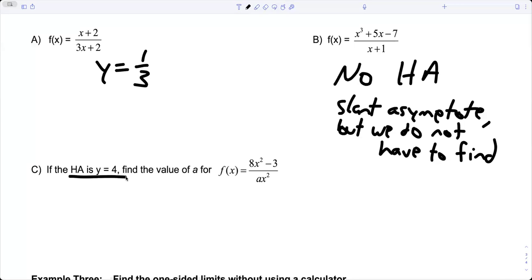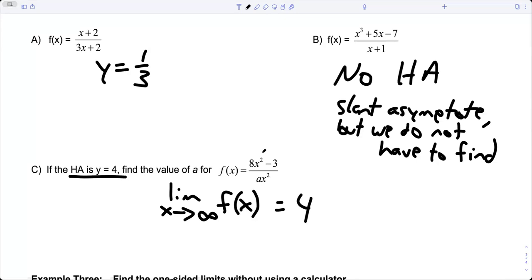Well, this is saying it has a horizontal asymptote, and the value of that has to be 4, which means the limit as x goes to infinity of my function is 4.